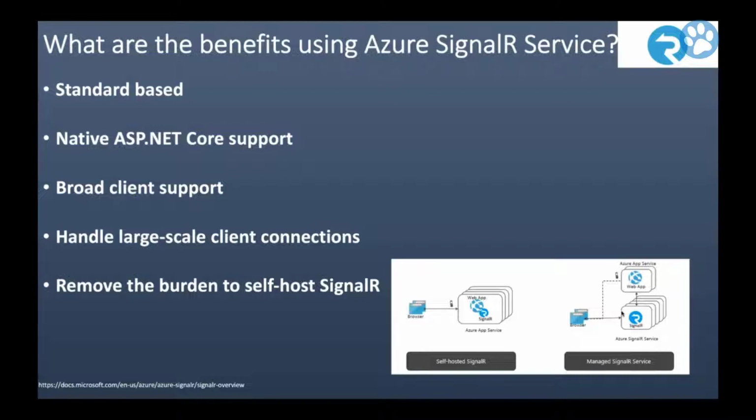So it is easily possible for us to develop a new application which makes use of Azure SignalR service, or we can migrate our existing on-premises SignalR service to Azure SignalR service. It is easily possible to migrate without too many coding changes. Of course, some minimal changes are needed over there.